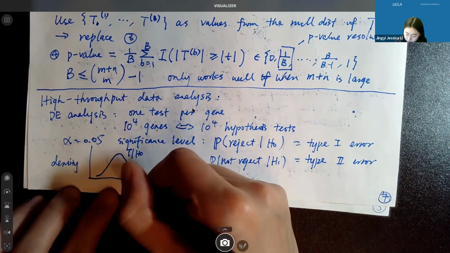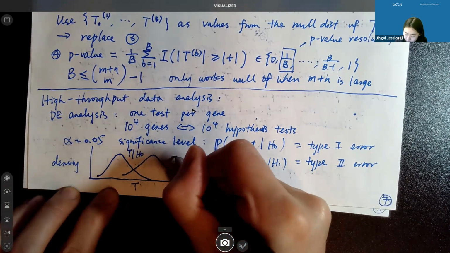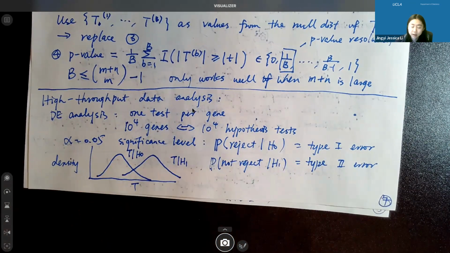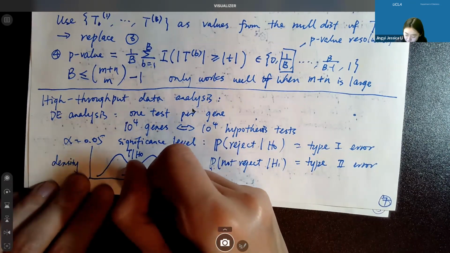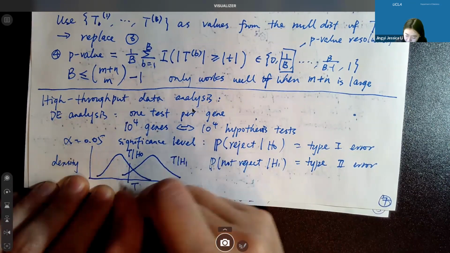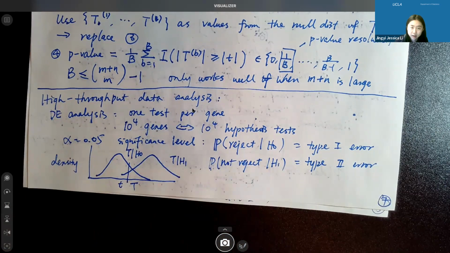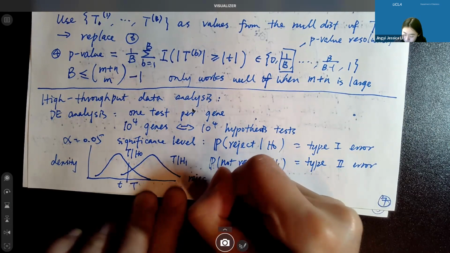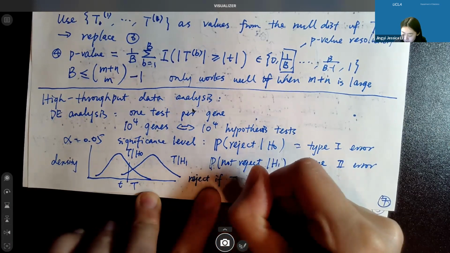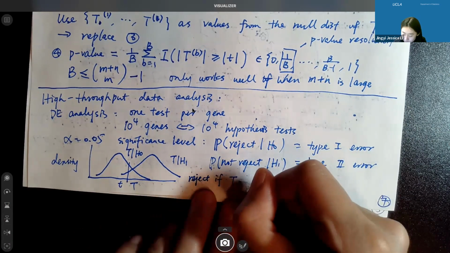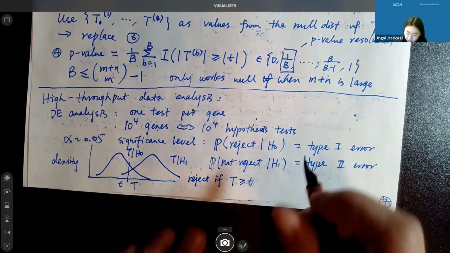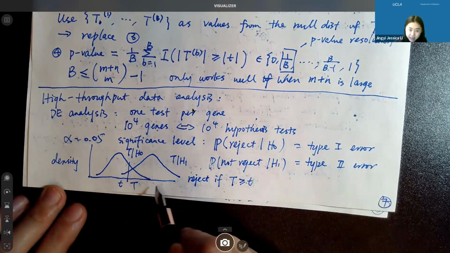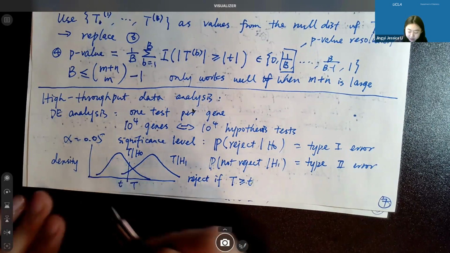Under the alternative, it follows the right distribution. And I need to decide when to reject. So let's say that my threshold is at this small t, which means that I reject if this big T, the test statistic, is greater or equal than a small t. So in other words, I reject the right-hand side and I don't reject the left-hand side.